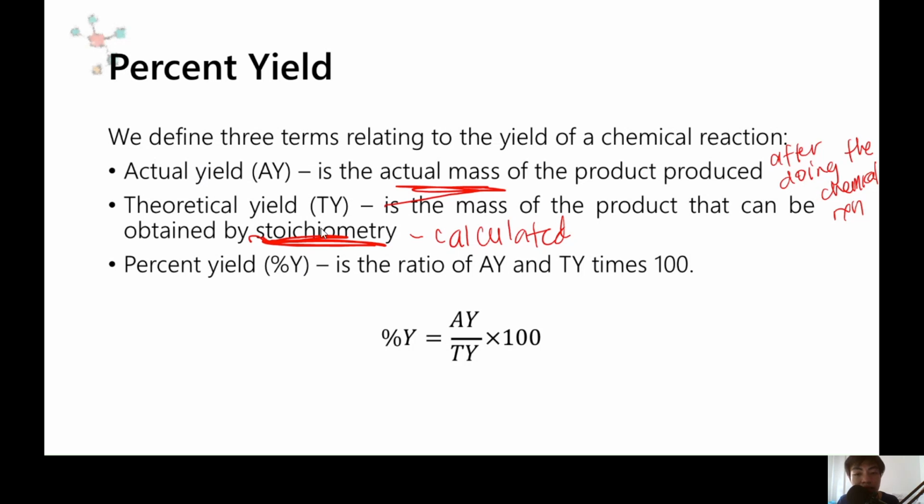And then the percent yield, you just have to divide the AY by the TY. Make sure that they have the same units, but hindi naman necessary na mass, pwede ring moles. So you divide them, then multiply by 100, you have the percent yield. So the lower your percent yield is, the uglier your methods. Pangit yung methods niya, so kailangan mas mataas.